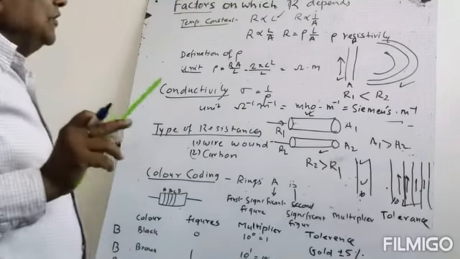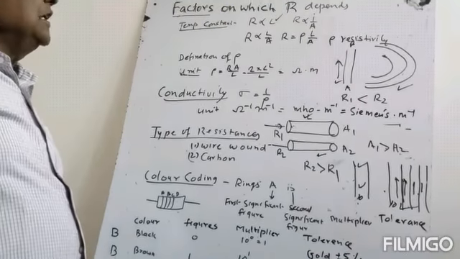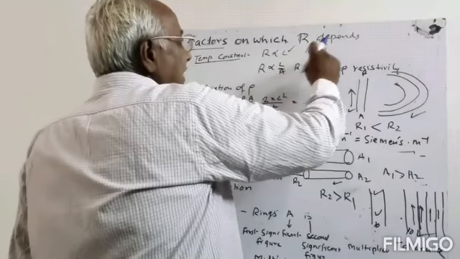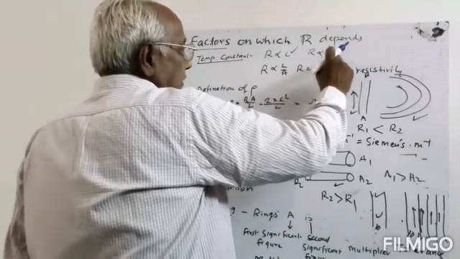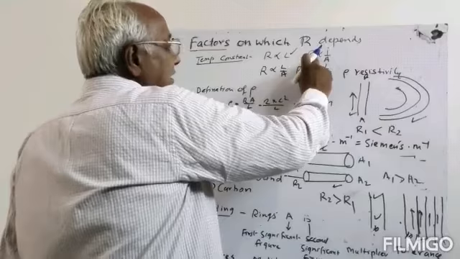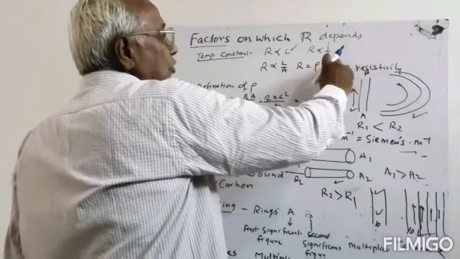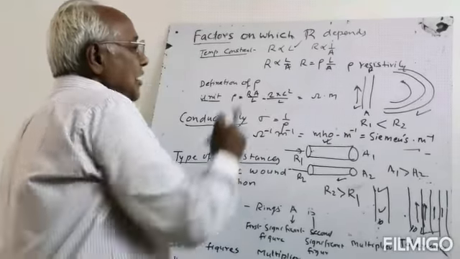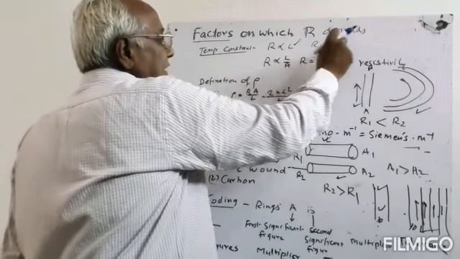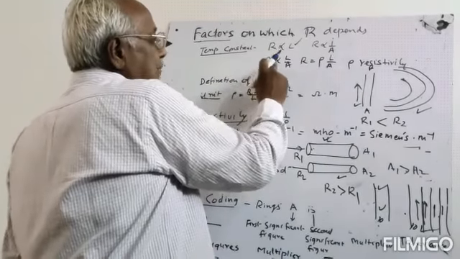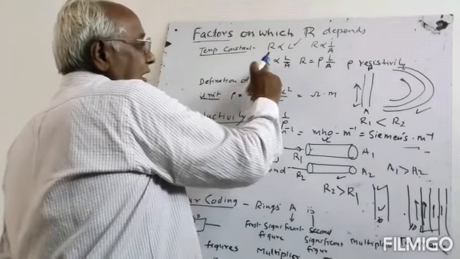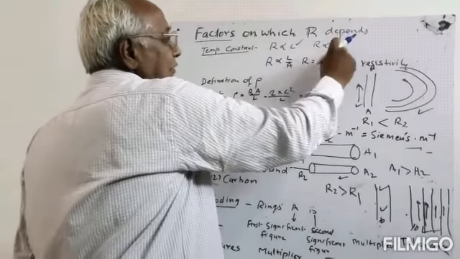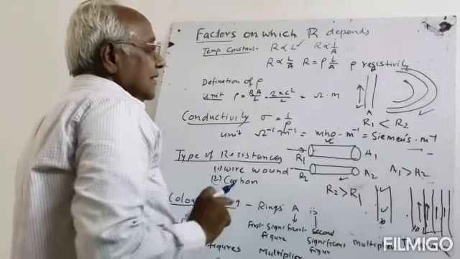So the second factor on which the resistance depends is the area of cross section. If the area of cross section is A, then resistance is inversely proportional to the area of cross section. If we combine these two rules, one for the length and another for the area of cross section, then R is proportional to L by A. L is in the numerator and A, inversely proportional, is in the denominator.